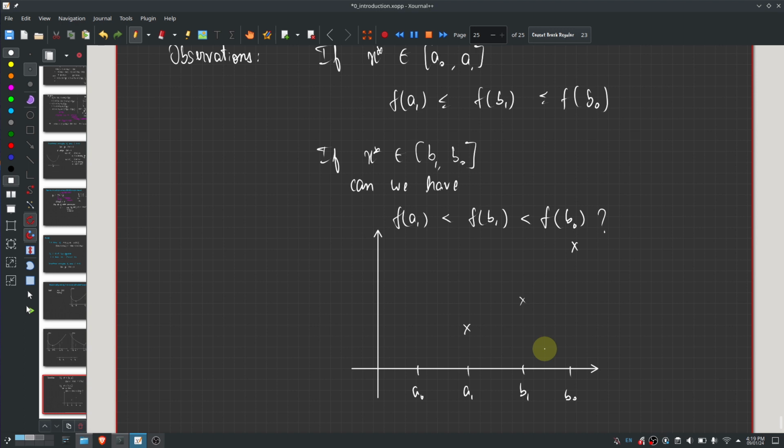How many of you say that this is possible? That is, the minimum can be between B1 and B0.